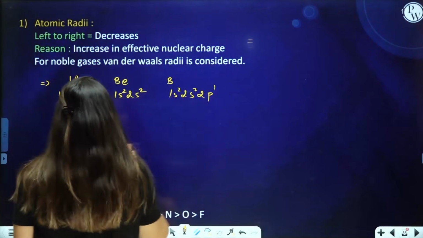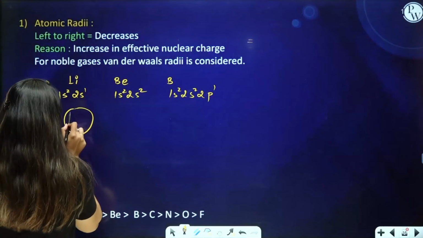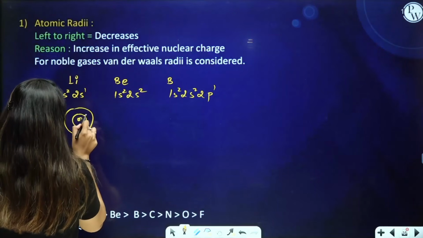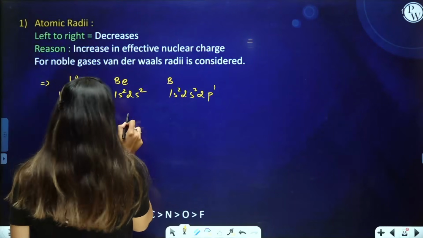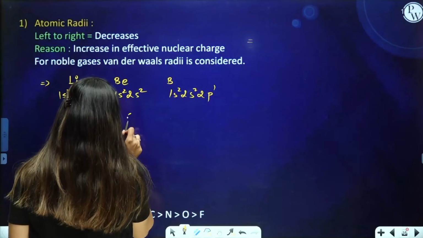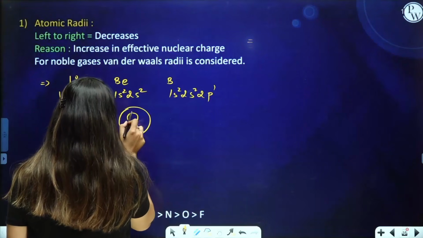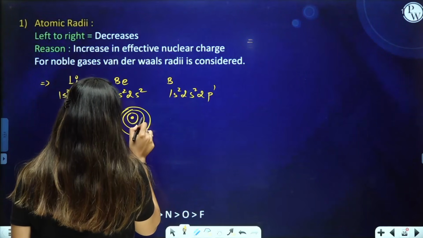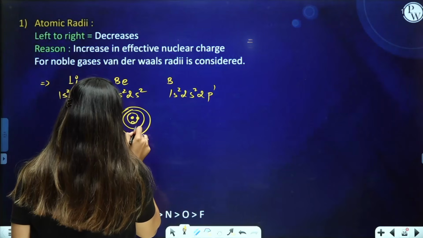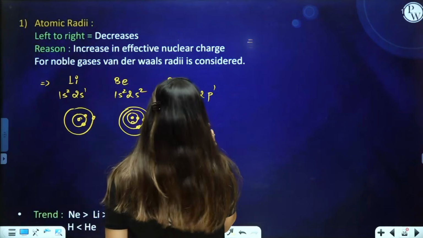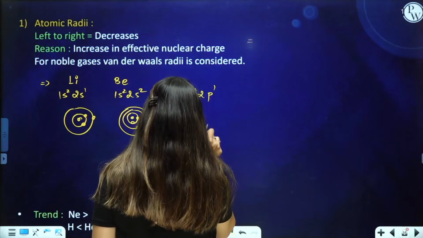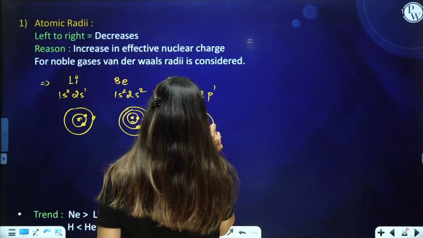So what is happening is, you are having the electrons increased in the same shell. Here you will be having some more electrons present, but in the same shell.